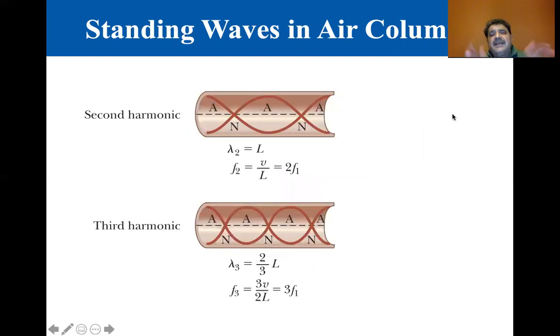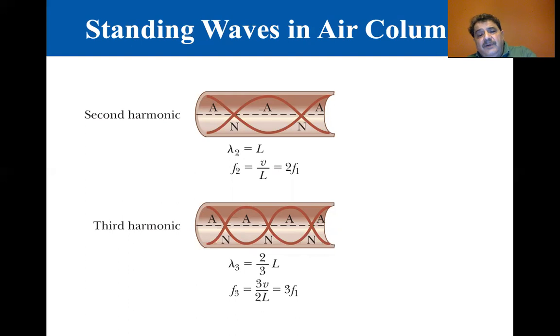Now, the second harmonic, it's open at both ends. If you just follow one of these lines, you go from the antinode starting at the bottom to the antinode at the top, and back to the antinode at the bottom. So that is a full wavelength. So lambda 2 is equal to L. But how many quarter waves?